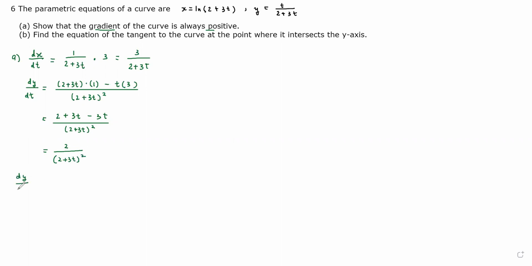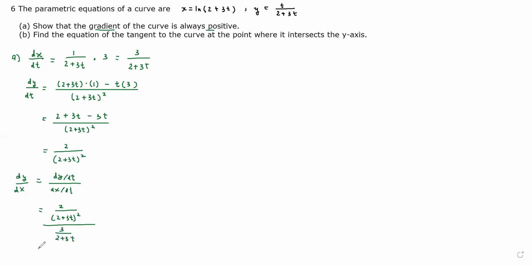dy/dx is always given by dy/dt over dx/dt. dy/dt is 2 over (2 + 3t) squared, and this is divided by 3 over (2 + 3t).